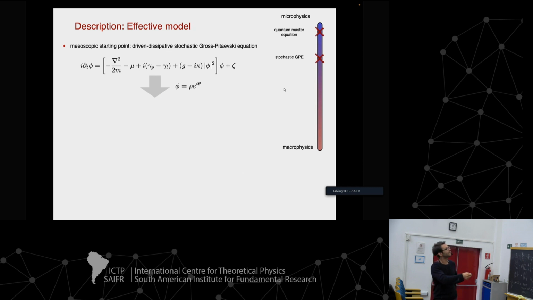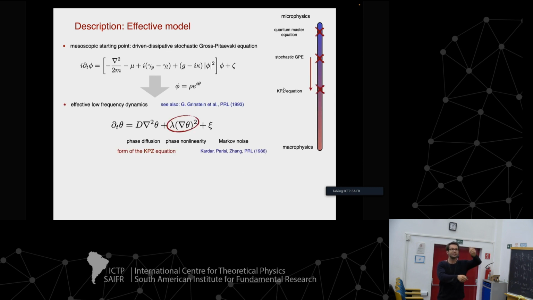One nice formulation is the driven dissipative Gross-Pitaevskii equation, and we do something pretty simple: we do just this phase amplitude decomposition and then integrate out the density fluctuations. So we go from this stochastic Gross-Pitaevskii equation down to something a little more coarse-grained, which has integrated out the short-distance fluctuations of density. They are only active at short distances, so we can adiabatically eliminate them, and then something interesting happens.